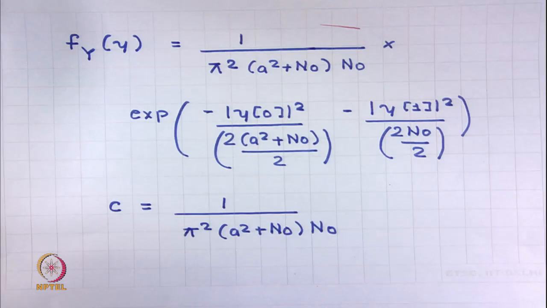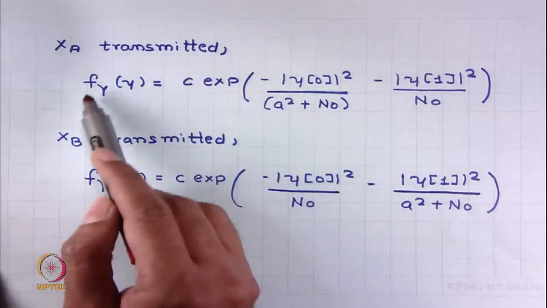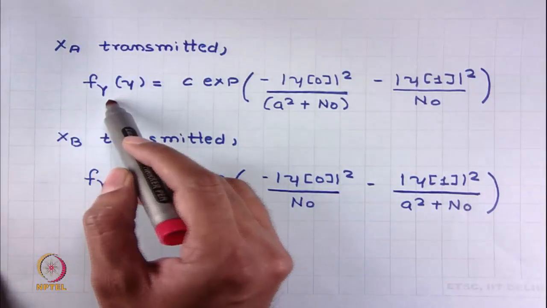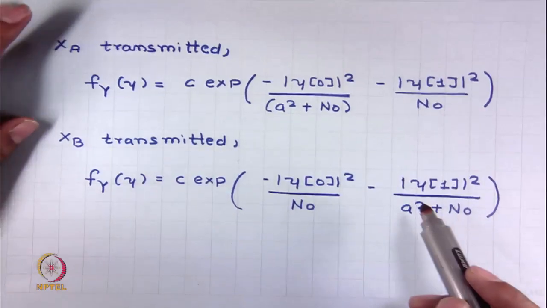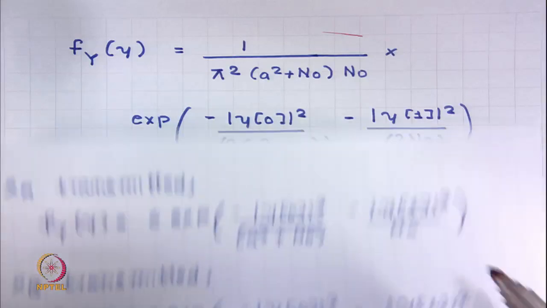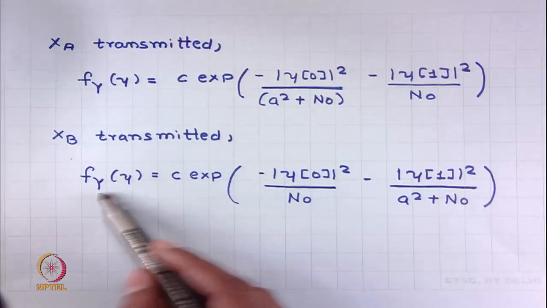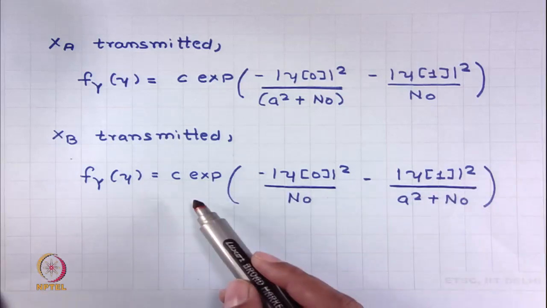Now, when x a is transmitted, the PDF of y is simply this, we have derived this here, just compacting the equation, and if x b is transmitted, my PDF of y will be this. What changes?